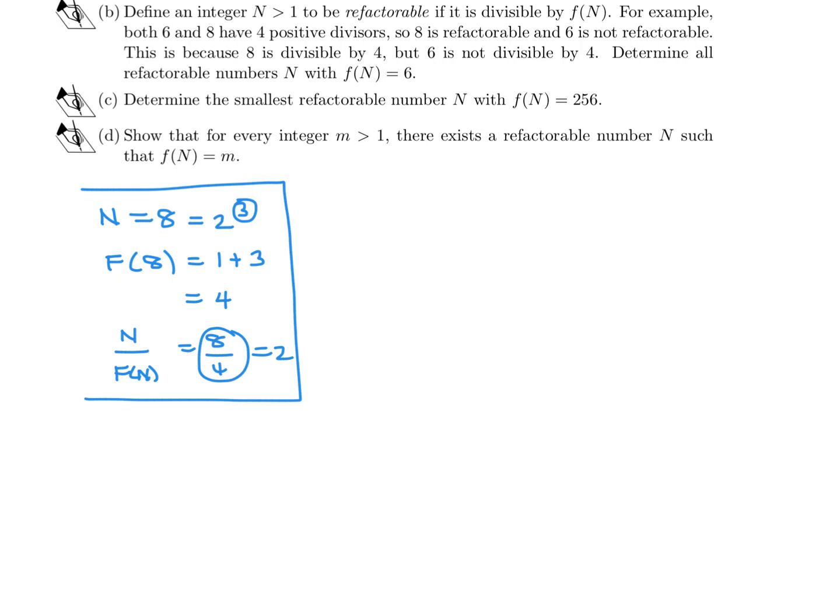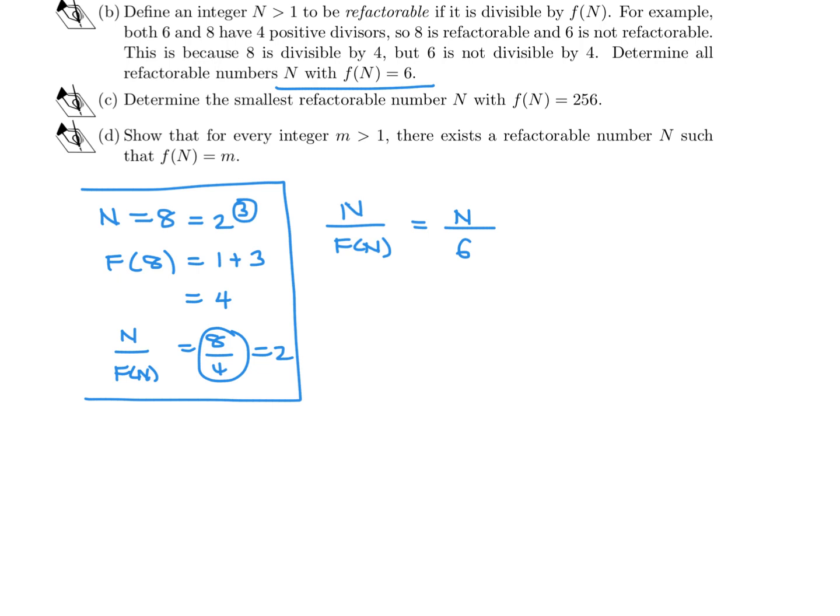So now they're saying determine all n's where f of n is equal to 6. That means you want a situation where n is divisible by f of n. We don't know what n is, but n has to be divisible by 6.